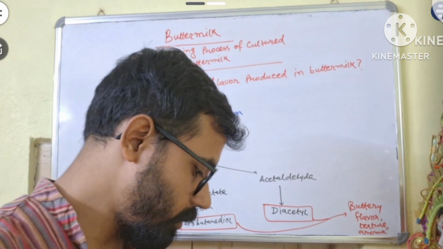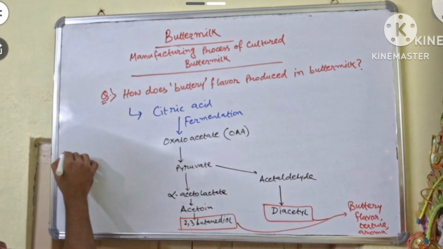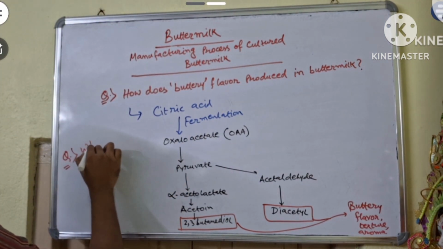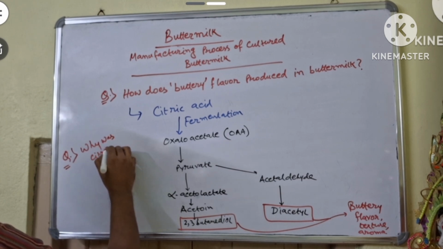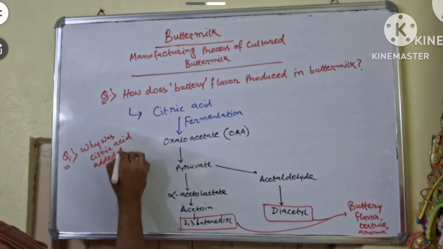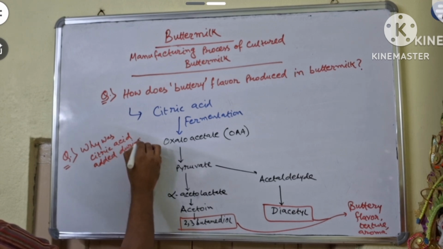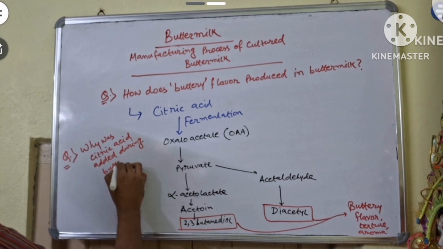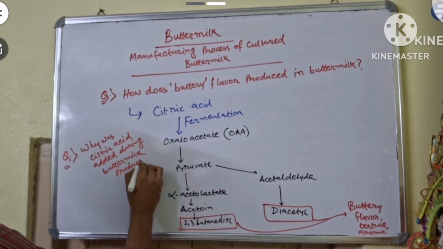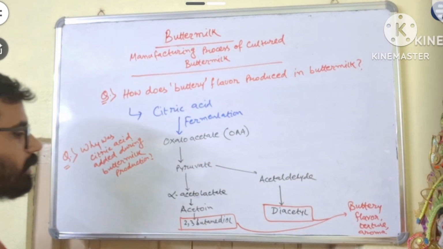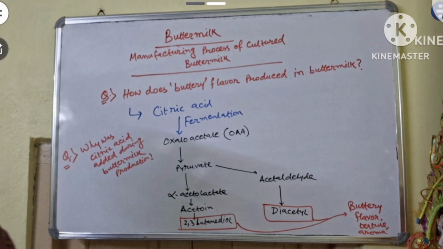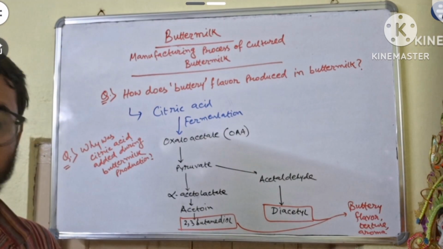And another good question: why is citric acid added during buttermilk production? Because after the fermentation, this citric acid converts into 2,3-butanediol and diacetyl. This gives the buttery flavor.